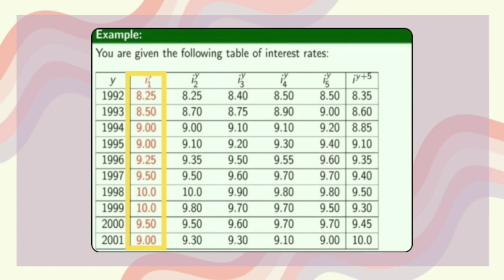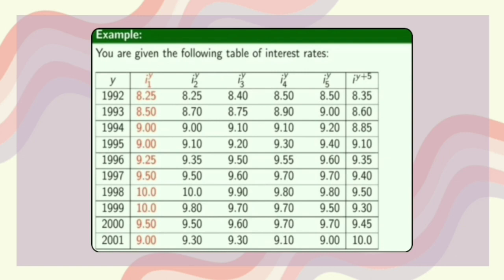The I1Y there, guys, is the notation. And then the last one is the IY plus 5, and we call these rates portfolio rates. These are 8.35, 8.60, 8.85, and so on.